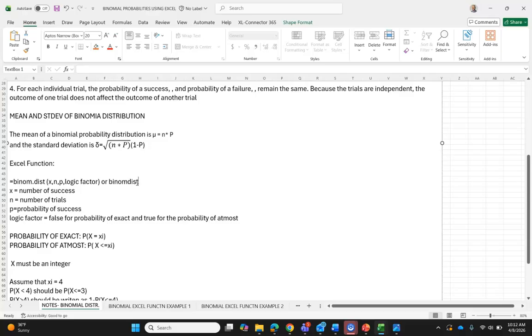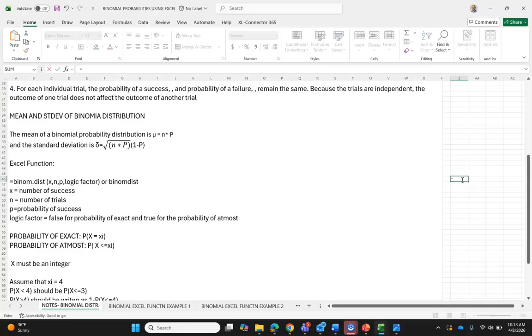As I mentioned before, these are for Excel 2007 and beyond. So in your Excel, you can find binom.dist or you can find binom.dist.n. Let me go to this side of Excel and show you.